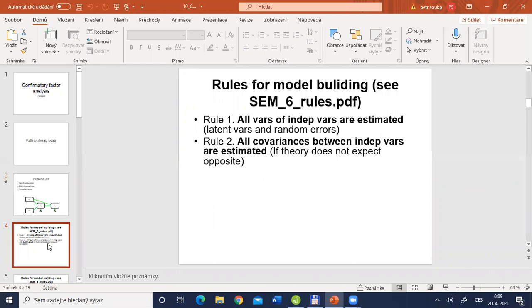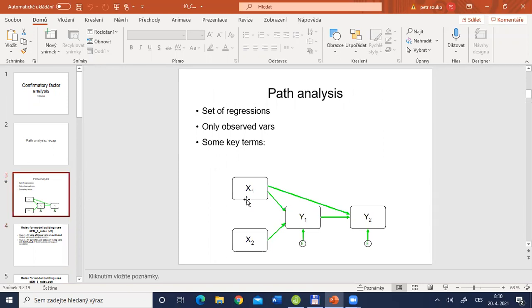The second rule says that if we have some, let's call it once again in the older style, independent, or in the new style, exogenous variables, then all relationships for these variables are also estimated. So in spite of the fact that there is no double-headed arrow present here, packages for structural equation models would automatically estimate this relationship. If I would not like to estimate this relationship, we have two options, as you know from the previous discussion.